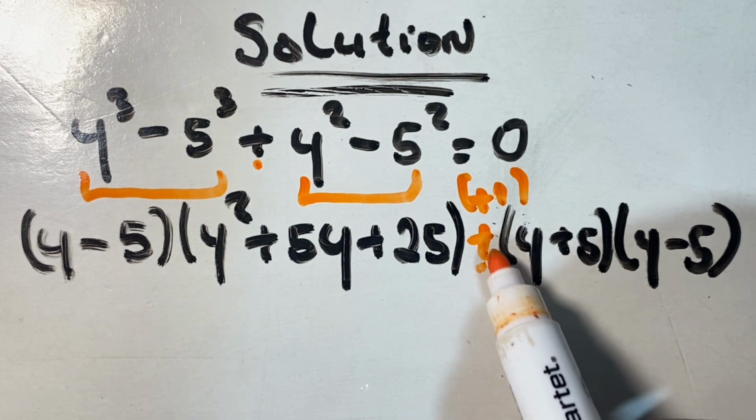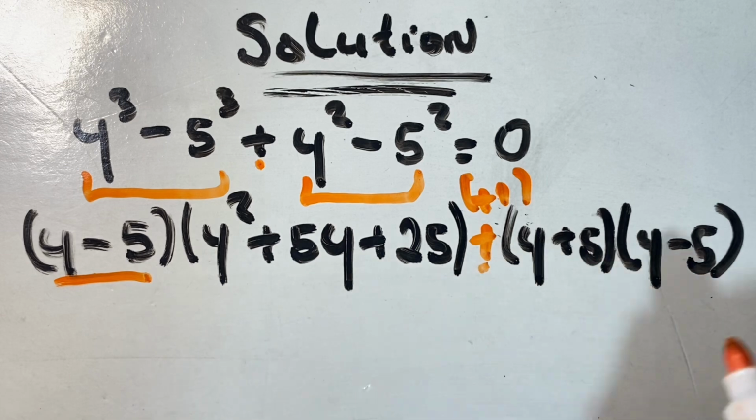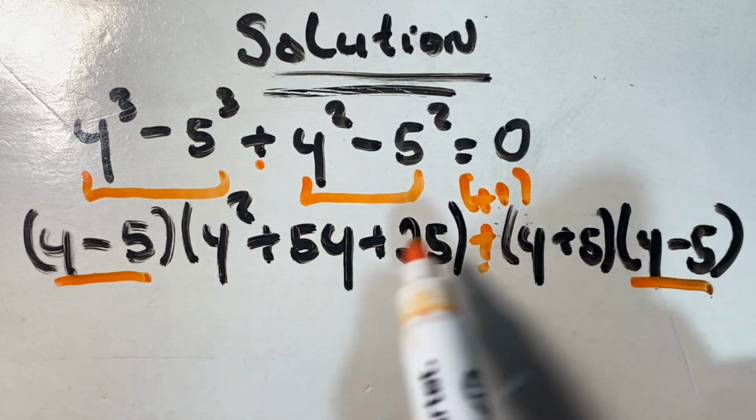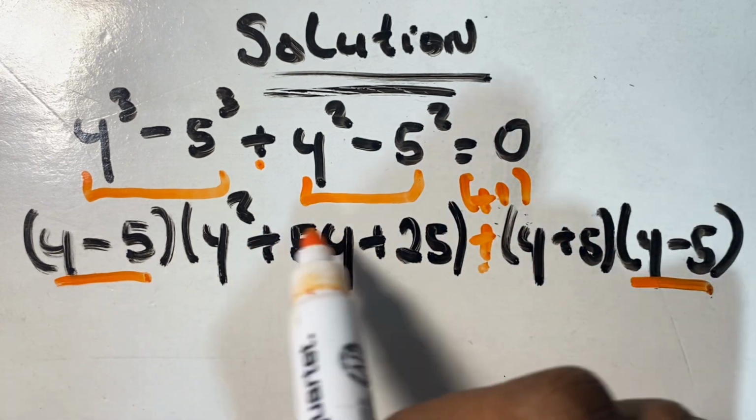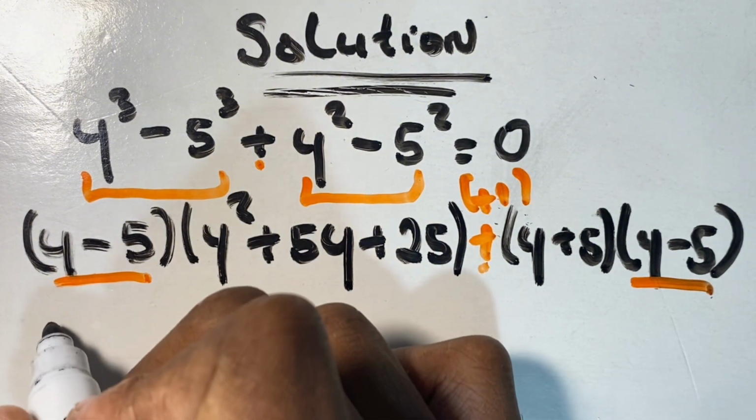And now if we look over here where we have y minus 5, we also see that we have y minus 5 by the difference of two squares. So essentially we can actually factor out the y minus 5 and include it here. And that positive 1 that I showed you earlier is a factor of our difference of two squares.